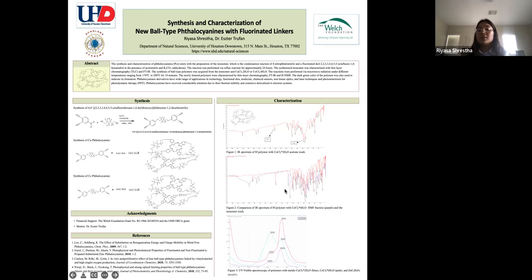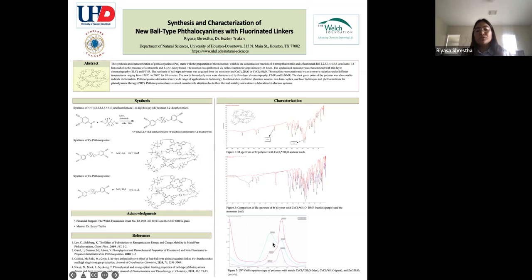These are the peaks for the C=N double bond that emerges when the reaction is complete, which can be seen in the ball-type phthalocyanine. I purified my samples using TLC to separate them, and then used IR again to compare them with the monomer and the sample before.